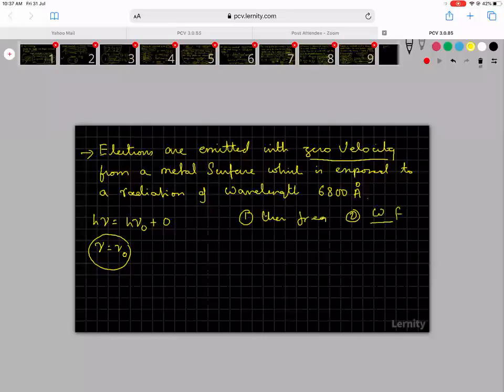So threshold frequency will become what? Frequency f is equal to c by lambda. So that is 3 into 10 power 8 divided by lambda, 6800 into 10 power minus 10. So work it out.